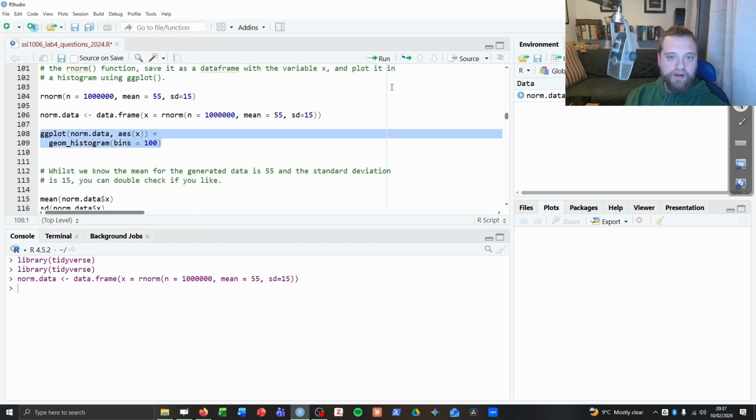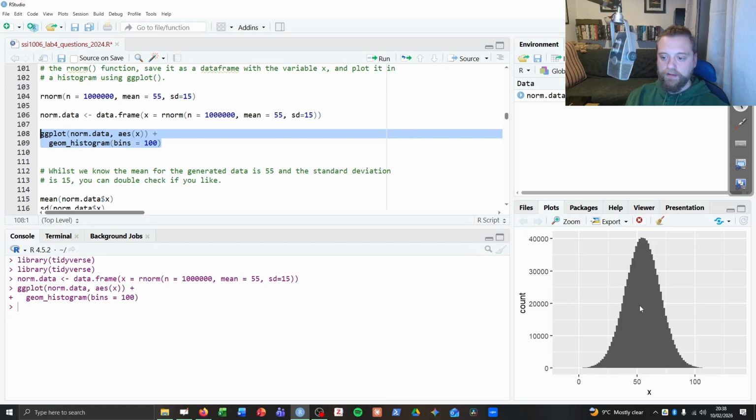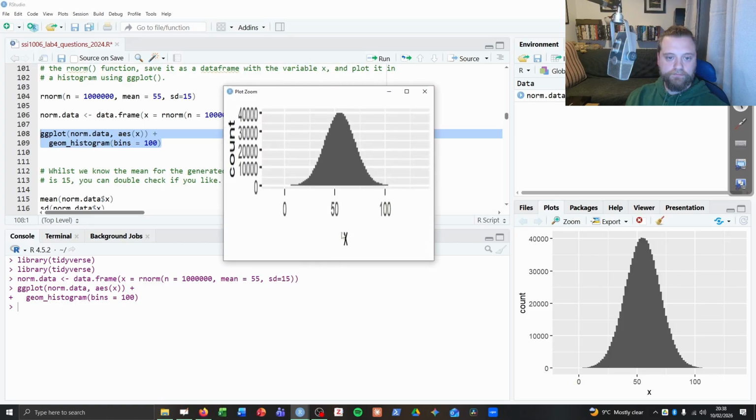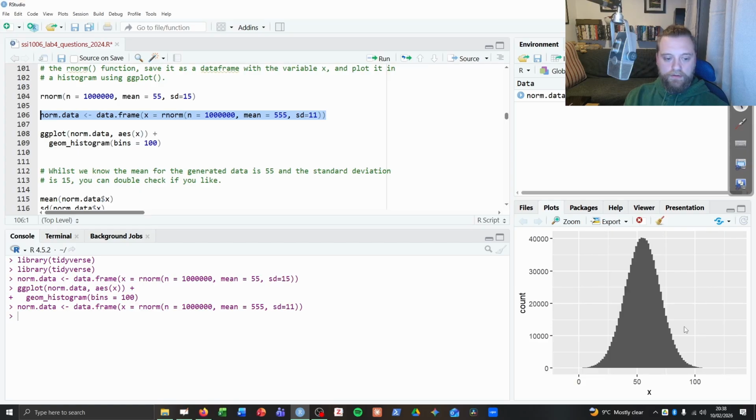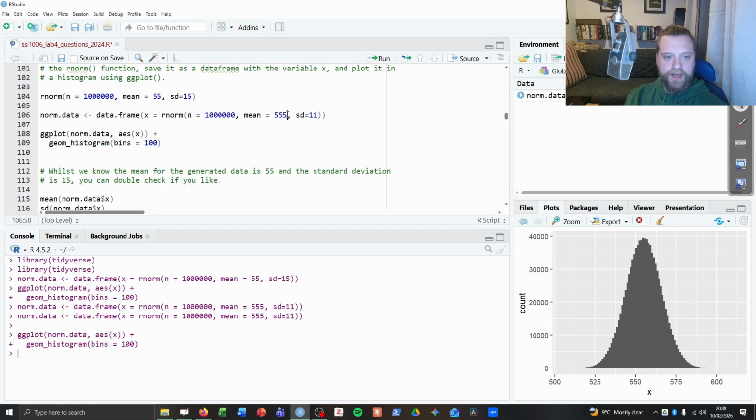Now, what happens if we graph that out? What does that look like? Well, there it is. So here's our normal distribution. Now, one thing we might notice about this is the shape here is set by this function, which means that actually whenever we change this, so let's change this to 555 and 11, for example, well, the shape of our ggplot here is never going to change.